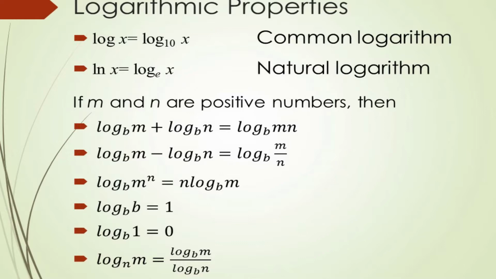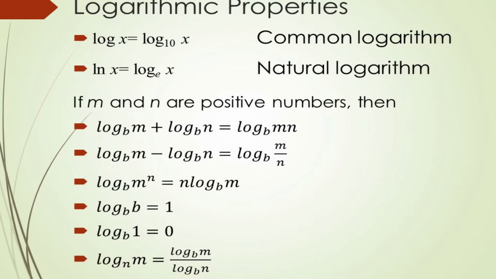If m and n are positive numbers, then log m with a base b plus log n with a base b is equal to log mn with a base b. So the counterpart of addition is multiplication. And then log m with a base b minus log n with a base b is equal to log m over n with a base b.